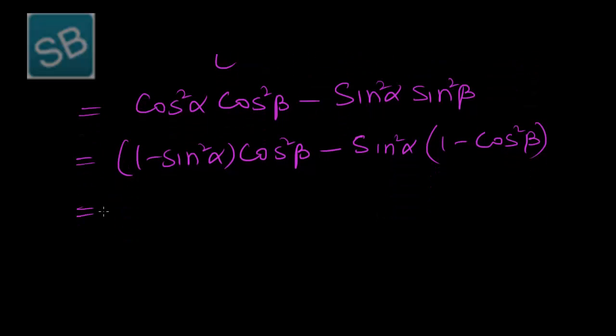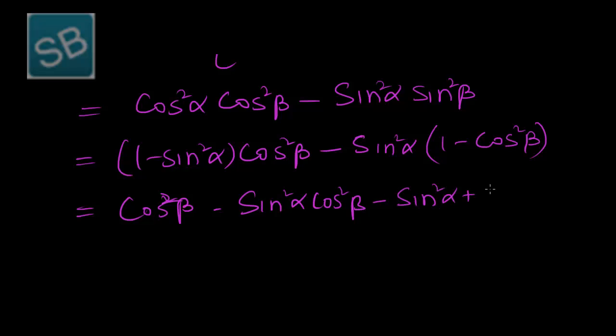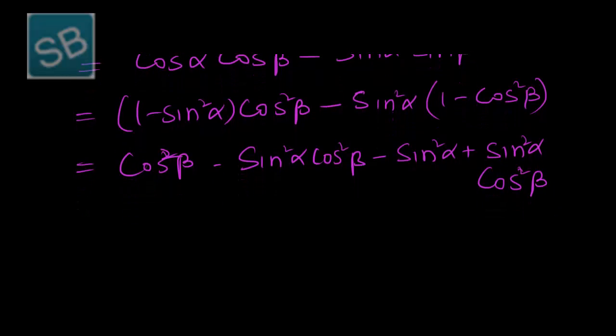So all over we get cos square beta minus sin square alpha into cos square beta, minus sin square alpha plus sin square alpha into cos square beta. So we get the result, that is cos square beta minus sin square alpha.